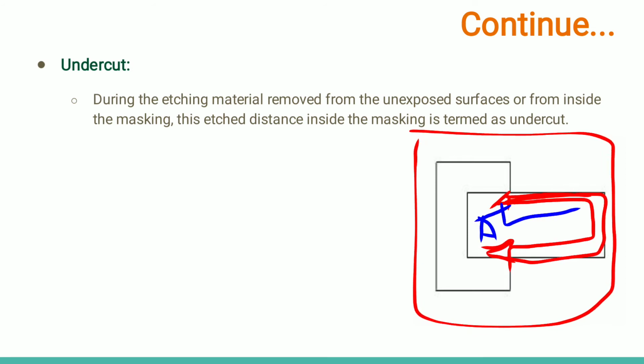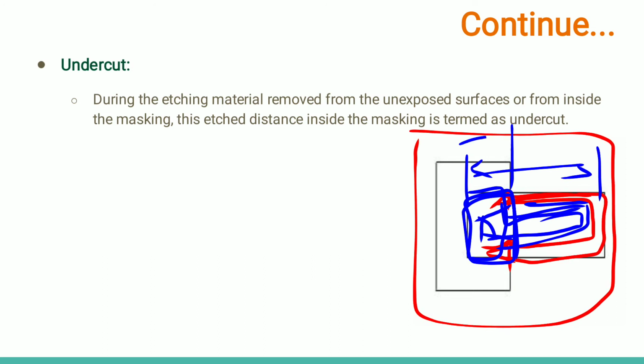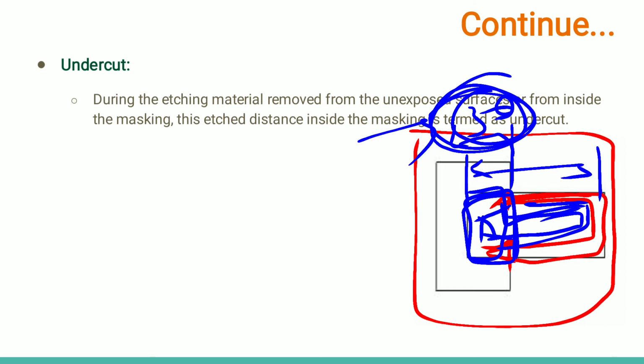As we are continuously dipping it inside for a longer time, it will remove the material from the unexposed areas. For example, this is 100 mm and we need exactly 30 mm in shape. If we only mask this 30 mm part, then whatever shape we get will be lesser than 30 mm.